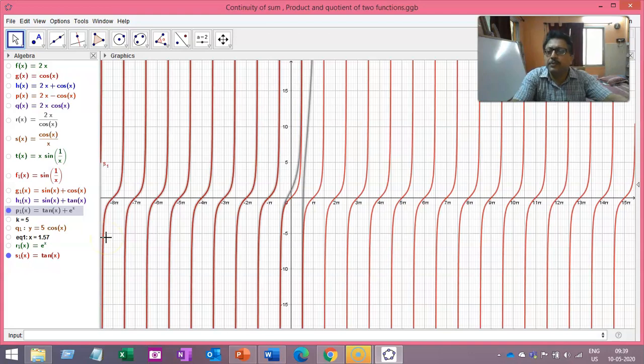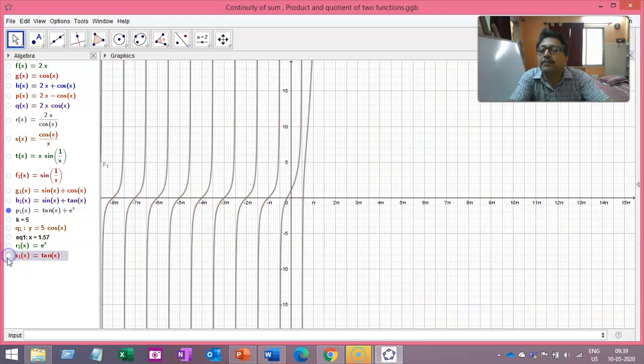This is of course a discontinuous function. See, this graph of the function is discontinuous. As tan x was discontinuous, this is going to be discontinuous.